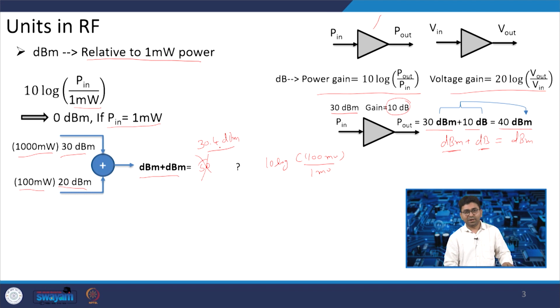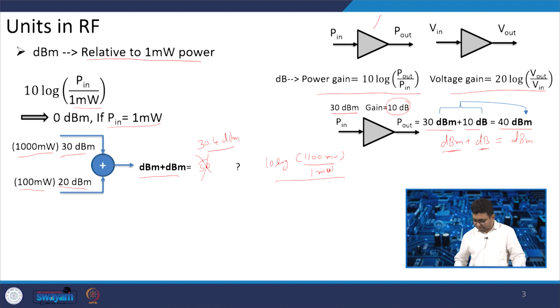So, always remember, do not confuse yourself. If you want to add dBm plus dB, the output is dBm, and you can add directly. But if you have 2 powers in dBm and you want to add 30 dBm plus 20 dBm, you need to convert into the absolute term and then add, and you will get the final answer.